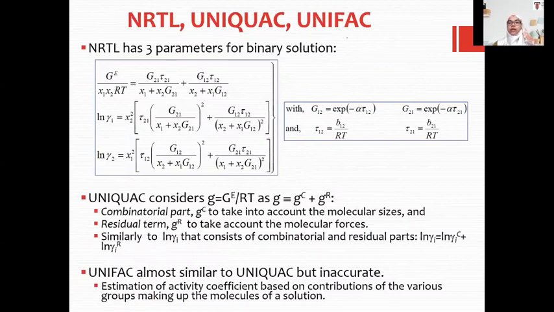This is just an introduction to how we can apply this equation related to the local composition model. NRTL has 3 parameters for binary, which are the Gibbs energy. Tau 12 is based on the interaction for B12 over RT, and then we have also tau 21, which is the interaction for B21 over RT.